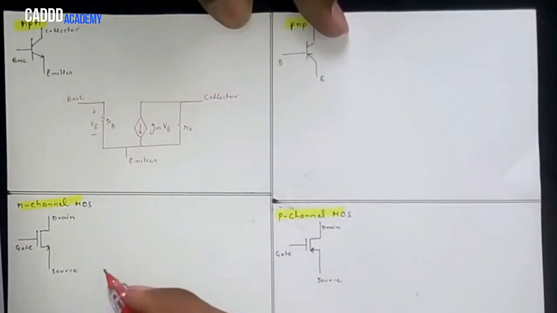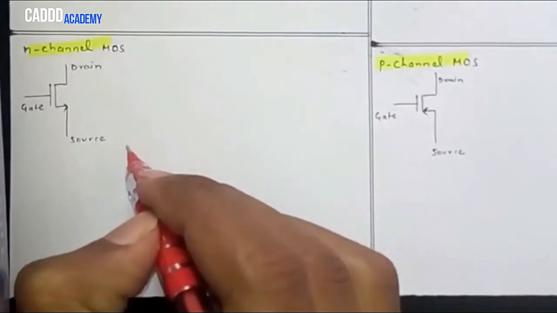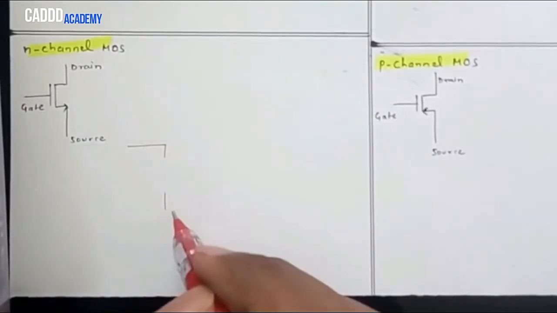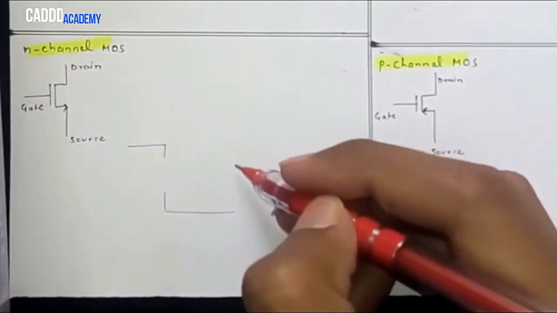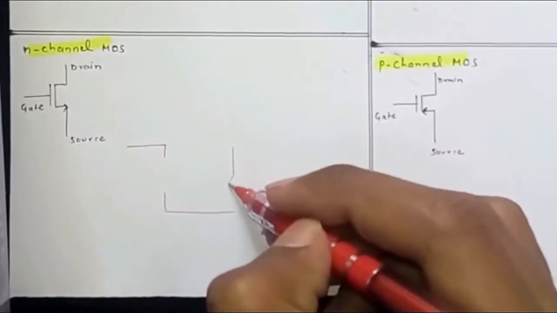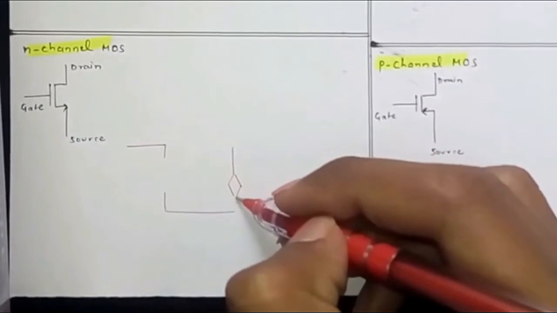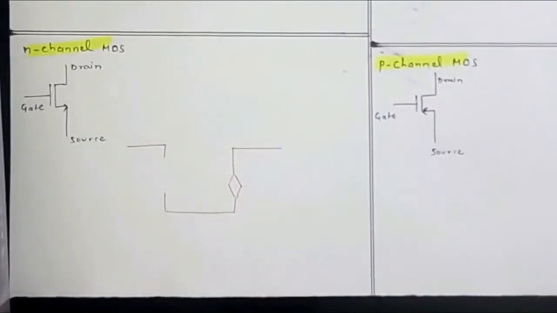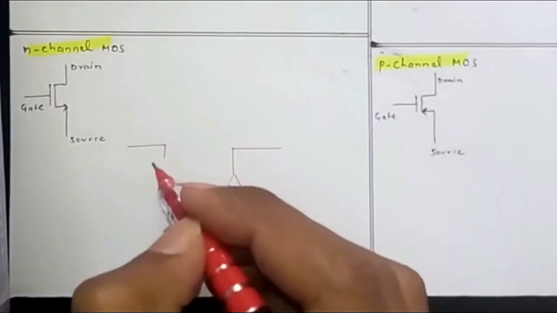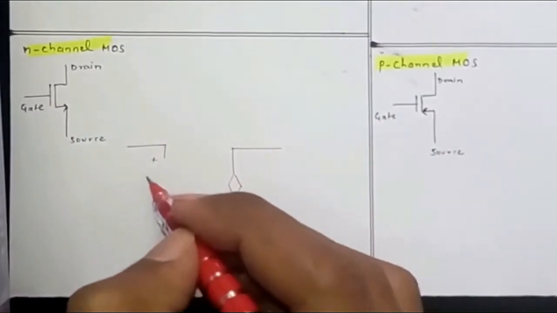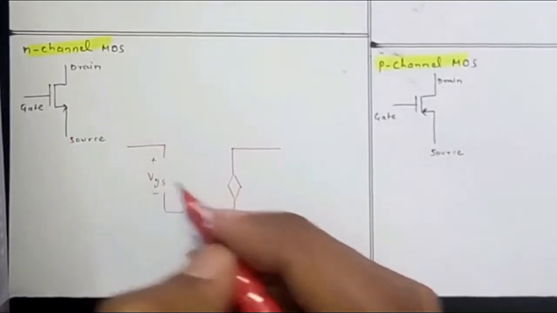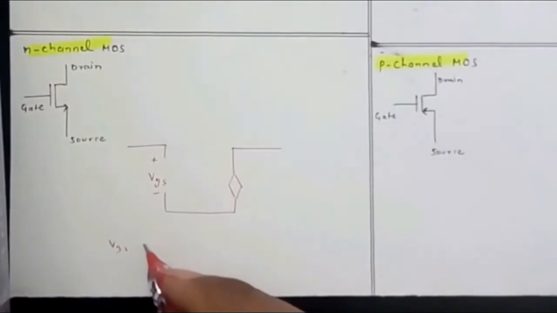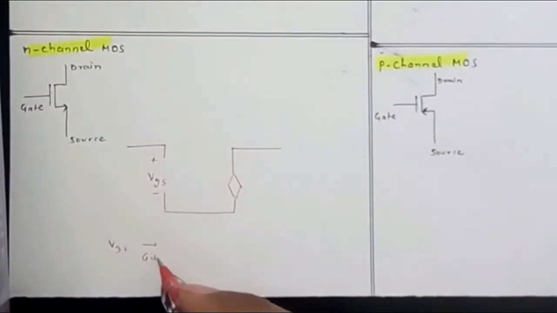Now moving to the N-channel MOSFET. The small signal representation of the N-channel MOSFET is quite similar to that of the NPN transistor, just with some small changes. Now VGS is the gate source voltage, which we call the small signal gate source voltage.